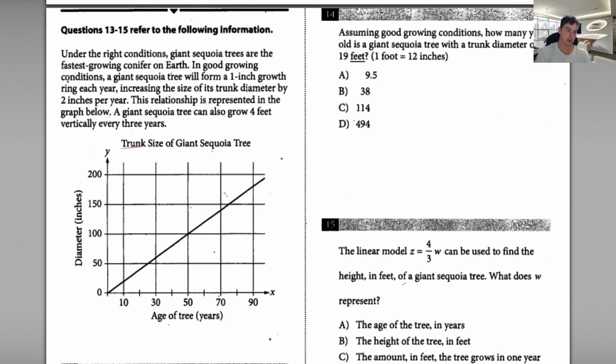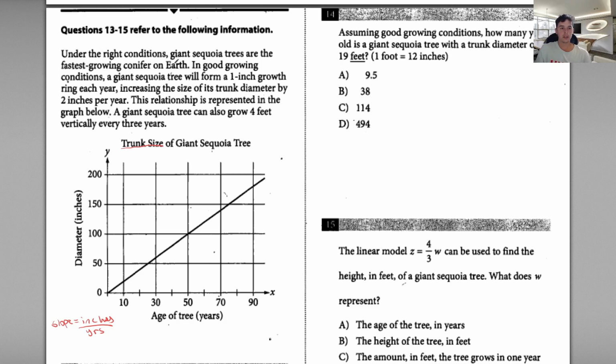The trunk size is what the graph is talking about, where the y-axis is diameter in inches, and the age of the tree is in years. So if I have a slope, for example, I know that the slope would be inches over years, because that's rise, which is diameter, over run, which is years.